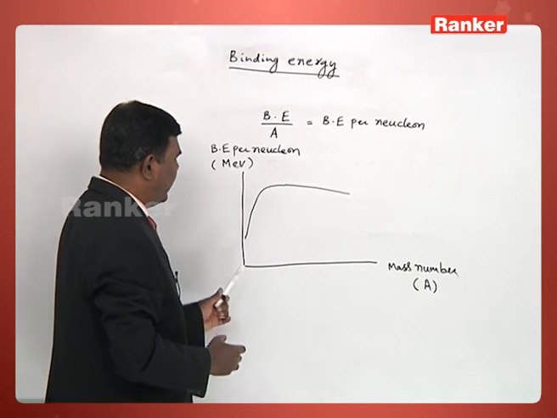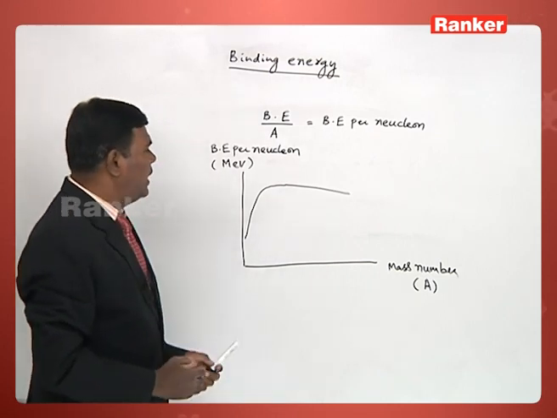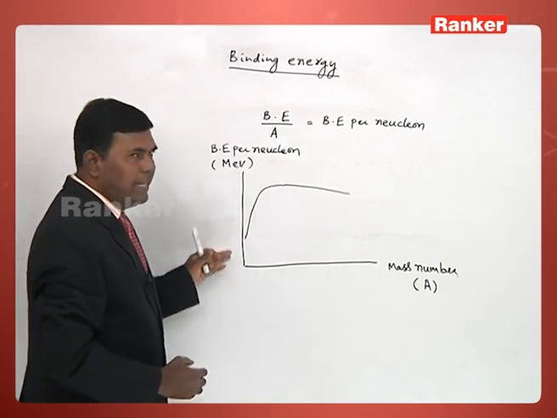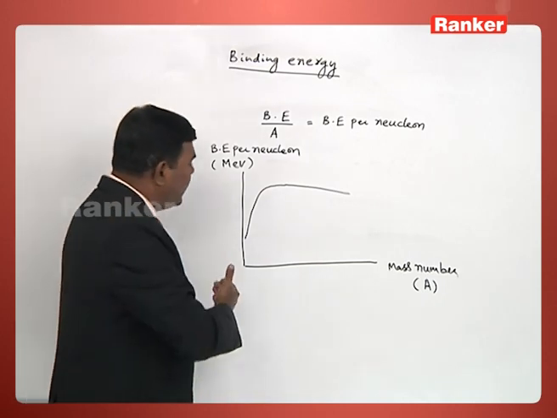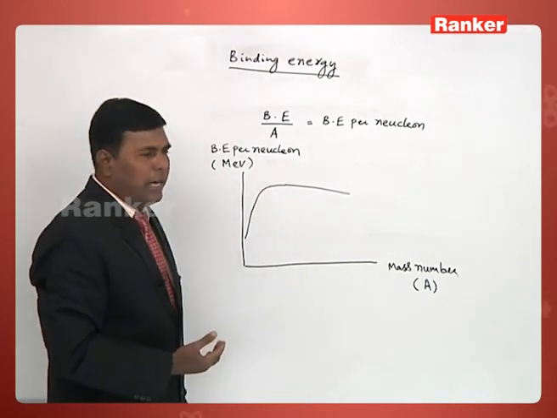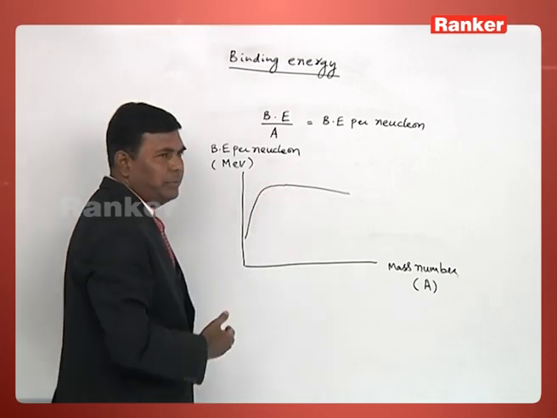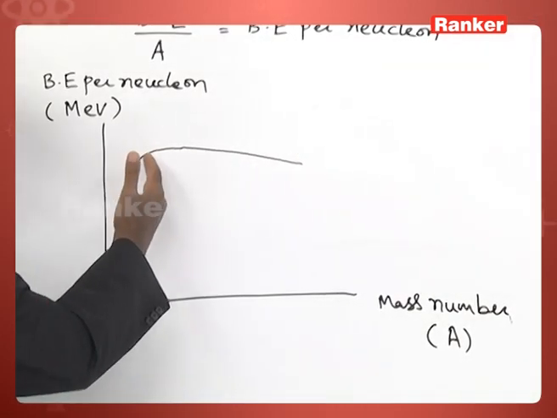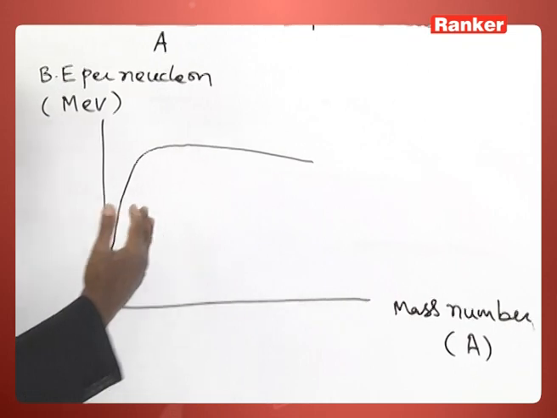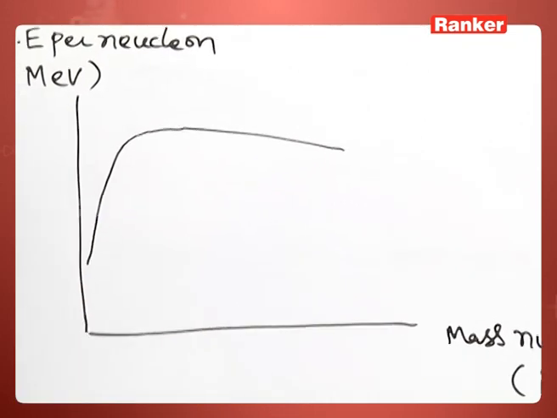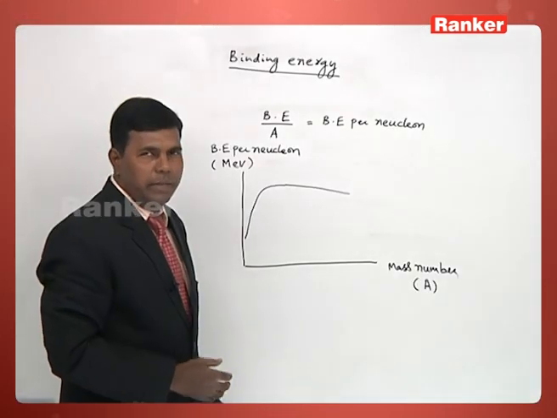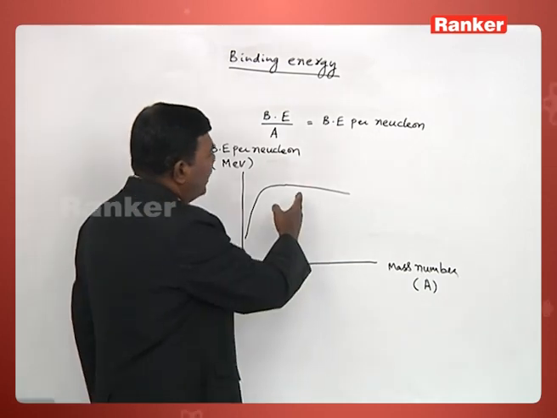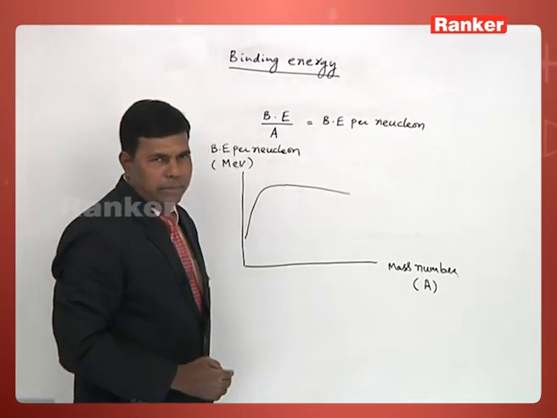As you can see, for very small mass number nuclei, its value is less, and then it increases very sharply and reaches a maximum value. Beyond that, it remains fairly constant for a limited number of nuclei, and beyond that it gradually decreases.